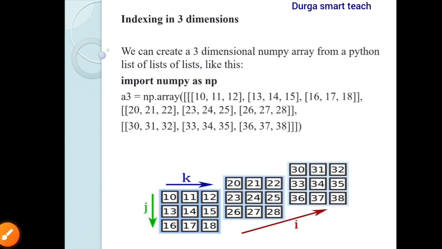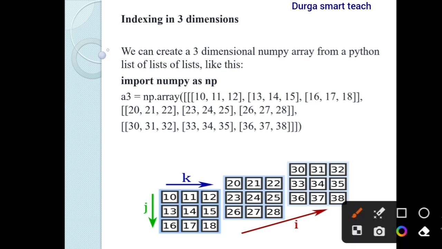Okay, the next one is indexing in a three-dimensional array. If you want to access elements in a three-dimensional array, you first create a three-dimensional array. A three-dimensional array contains three subscripts.